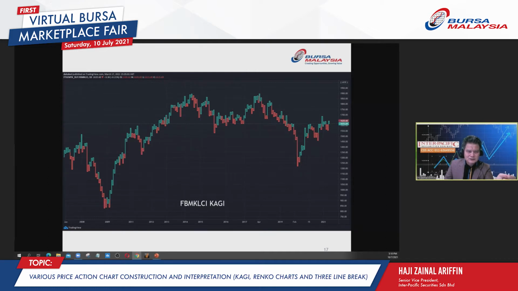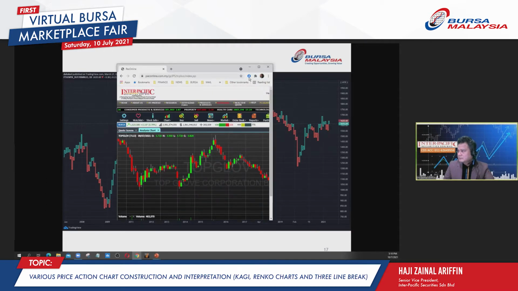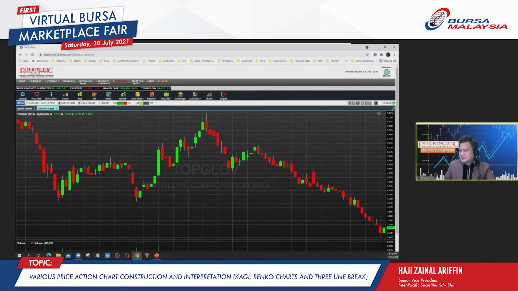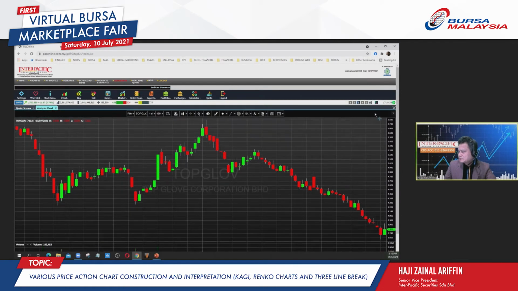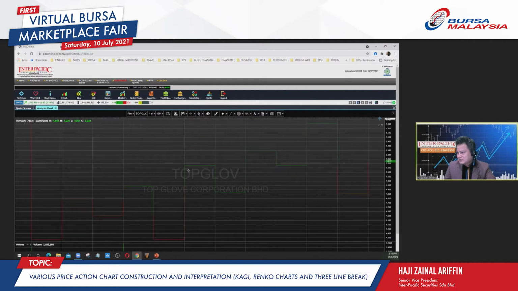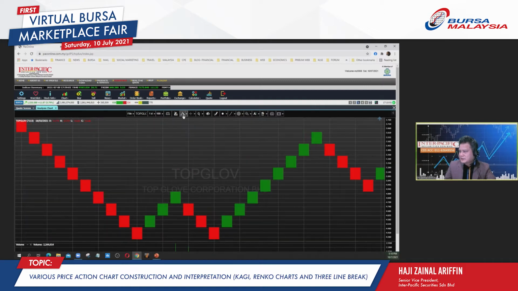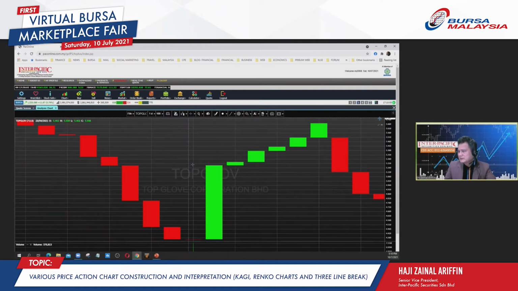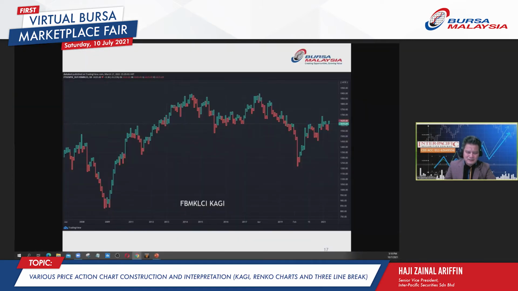Let me show you here. I just want to show you that it is available freely. You can use it, but very few people use this. For example, this is Kagi, this is Renko, and this is line break. So you can see that it is all easily available.